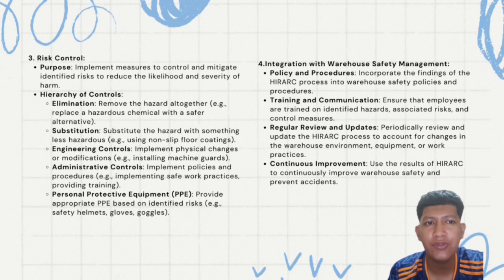Third, regular review and update: periodically review and update the hierarchy process to account for changes in the warehouse environment, equipment or work practices. Continuous improvement: use the results of the hierarchy to continuously improve warehouse safety and prevent accidents.